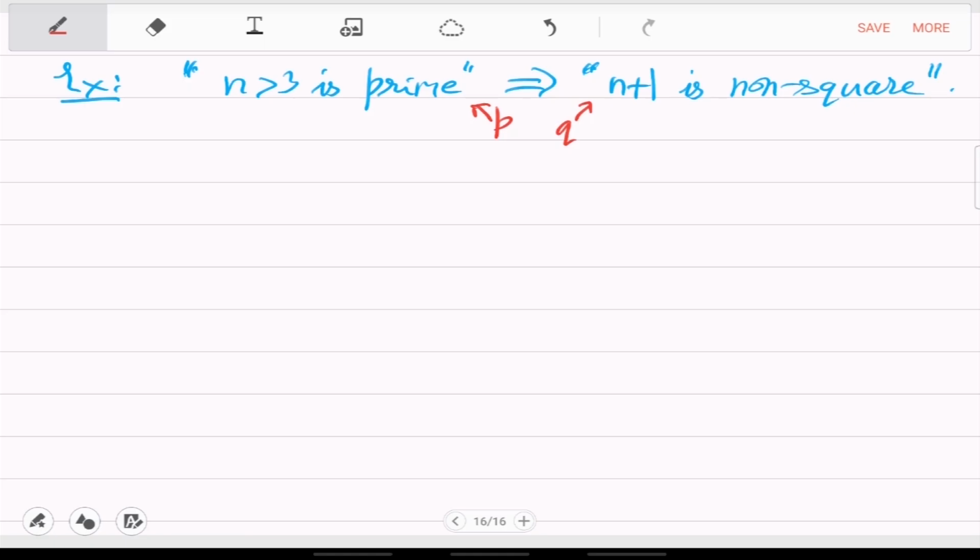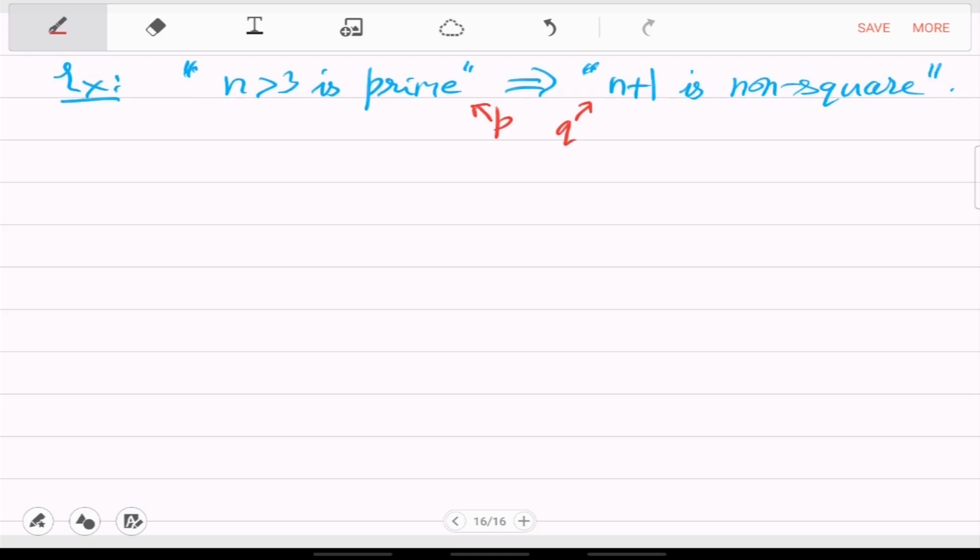But you don't have a formula for prime. So how do you in general study prime minus 1? Here, the only way you can prove this is by an indirect proof, and in particular by a contrapositive proof. You assume that n plus 1 is a square.